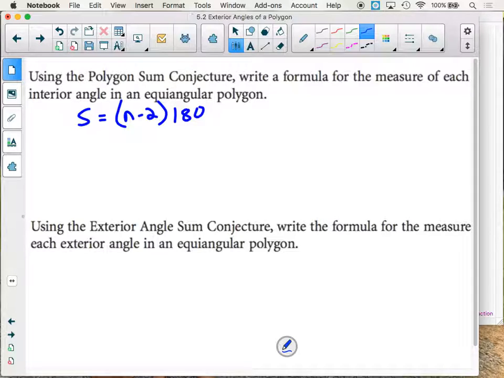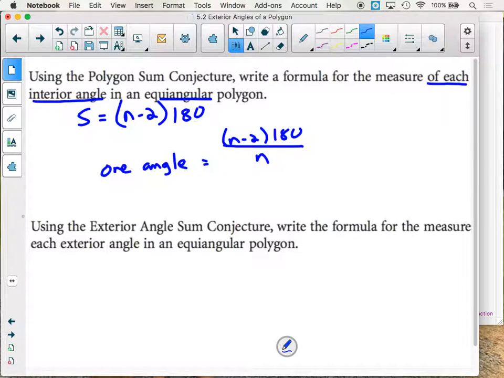But if we want the measure of one interior angle, since it's an equiangular polygon here, we know that all the angles are the same measure. So if we divide the angle sum by the number of sides or angles we have, we'll get the measure of one angle. Again, that works only when it's an equiangular polygon.